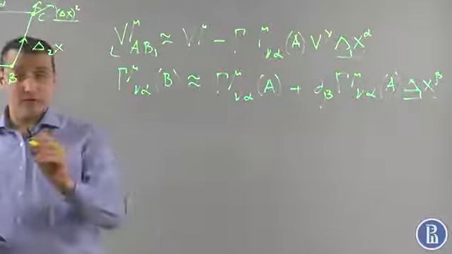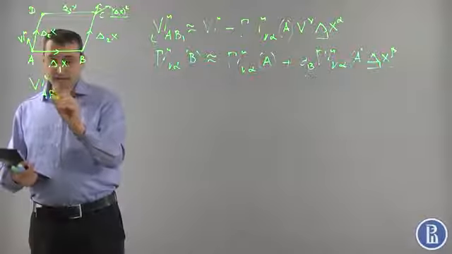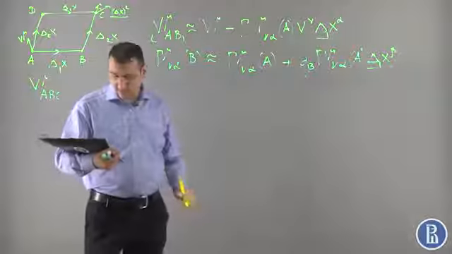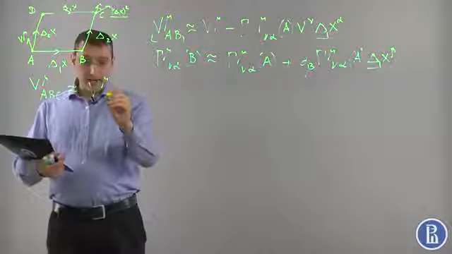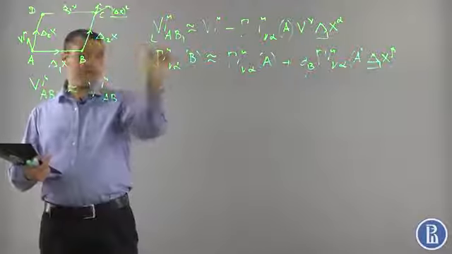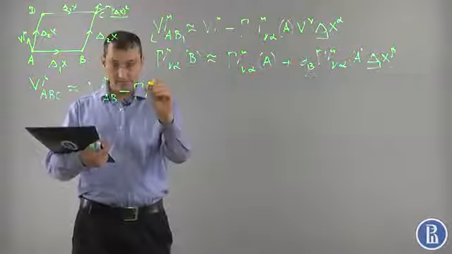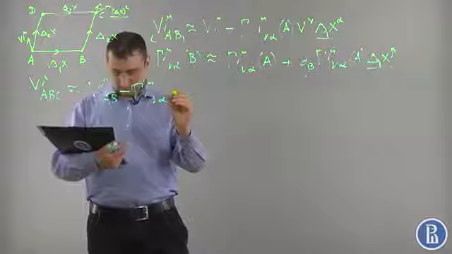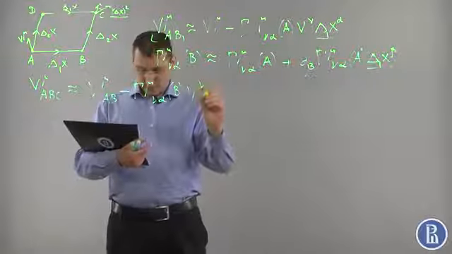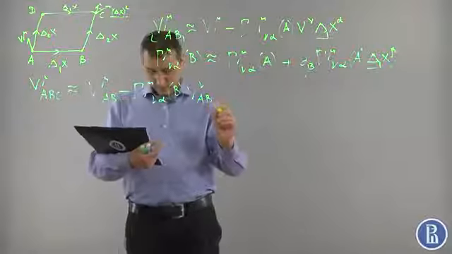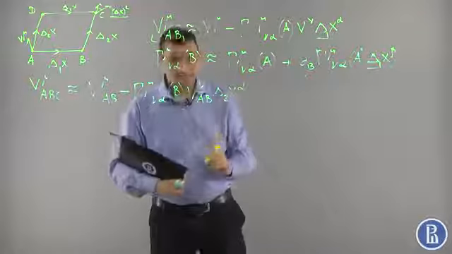So now, after parallel transporting v mu along the path ABC, we obtain the following. It is approximately v mu AB, so we are parallel transporting from here to here now, v mu AB minus gamma mu nu alpha at the point B, v nu AB delta 2 x alpha.